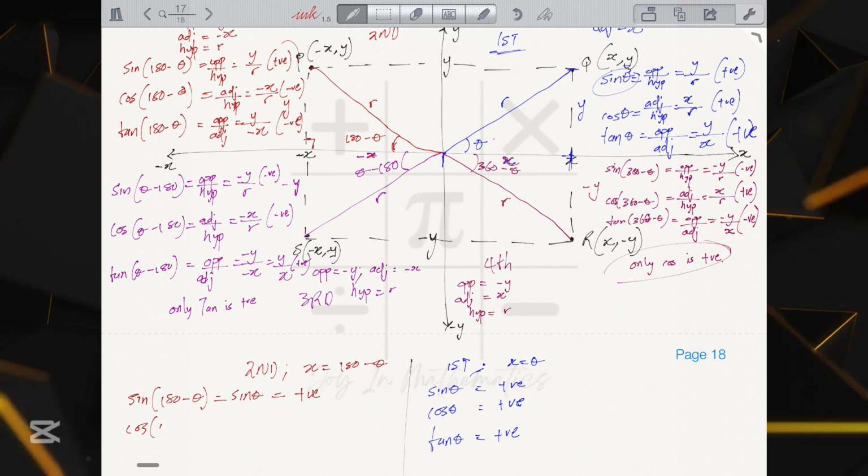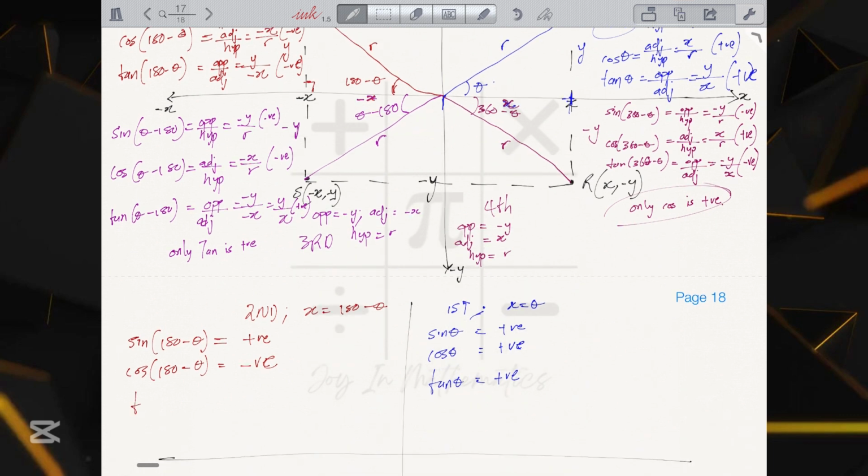Cos 180 minus theta is equals to, okay, let's rewrite the order. Sine 180 minus theta is positive, cos 180 minus theta is negative, and tan 180 minus theta is also what? Negative.